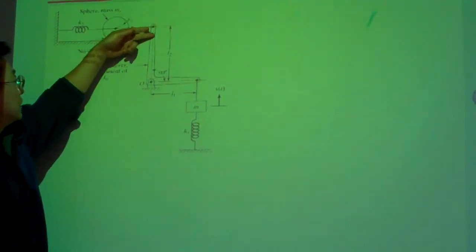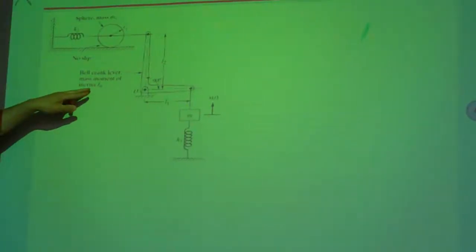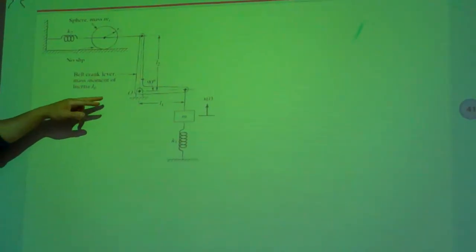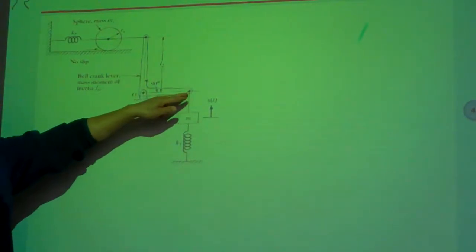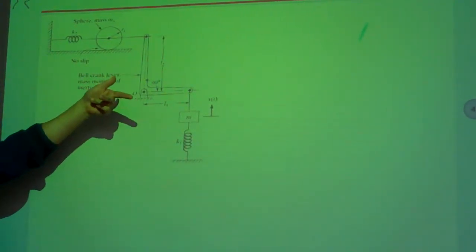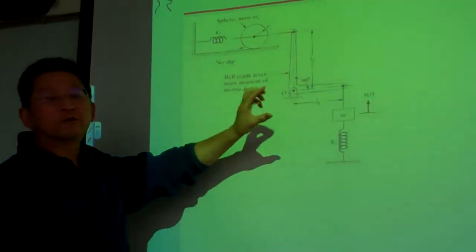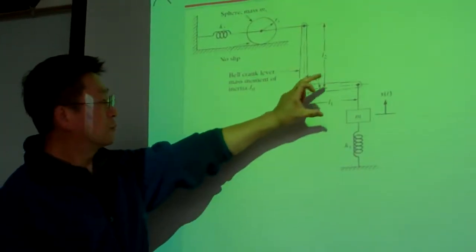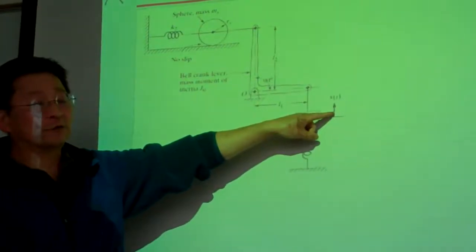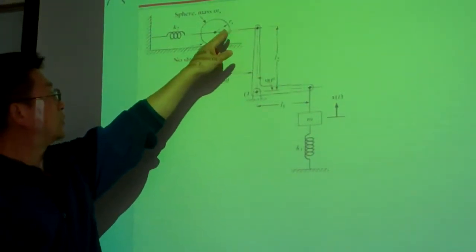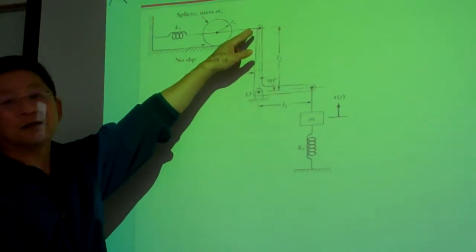Again, this is a rigid lever, and in similar fashion, it has a moment of inertia JL with respect to the pivot. Right now the lever is L-shaped. You should be able to figure out the relation between the displacement of this, which is our degree of freedom, and the displacement of this point, here.